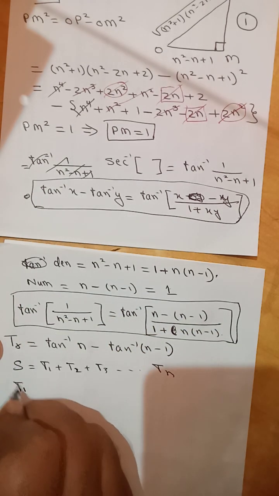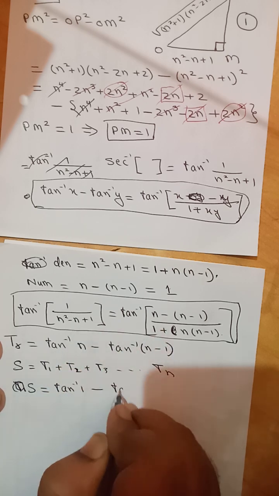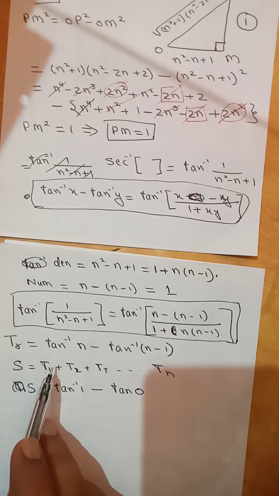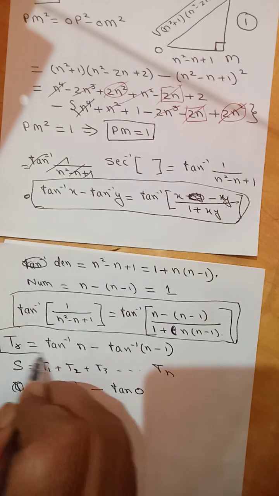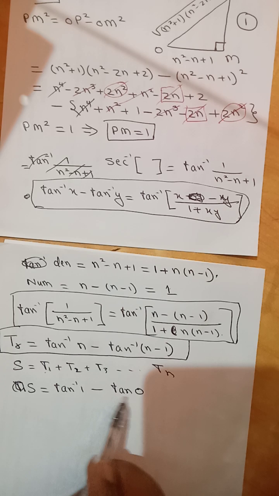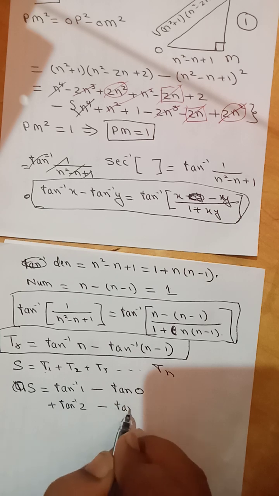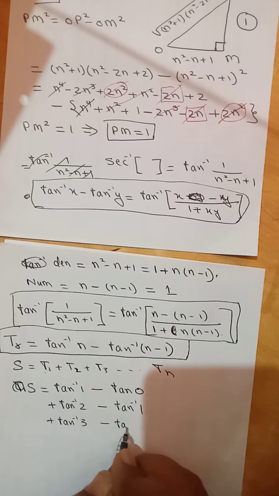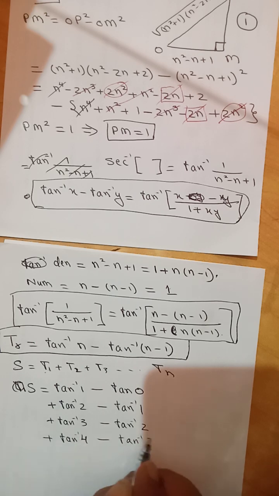For n equal to 1, T1 is tan inverse 1 minus tan inverse 0, and tan inverse 0 is 0, so for T1 you need not write it, though you can. For n equal to 2, tan inverse 2 minus tan inverse 1. For n equal to 3, tan inverse 3 minus tan inverse 2. For n equal to 4, tan inverse 4 minus tan inverse 3. Likewise it will continue up to tan inverse n.